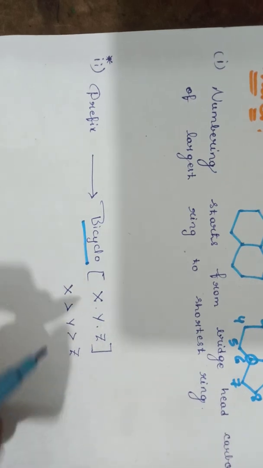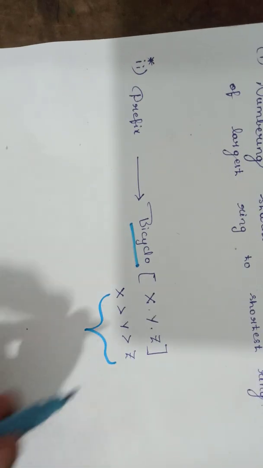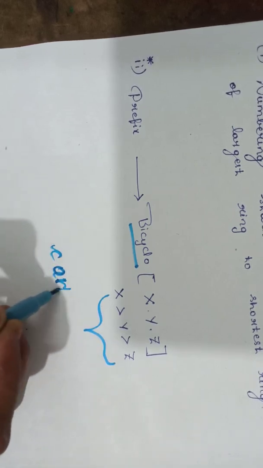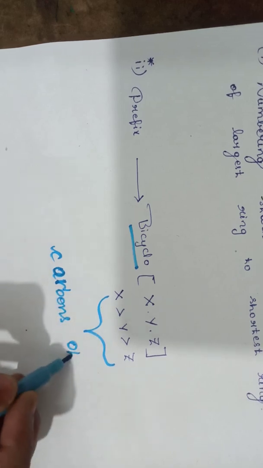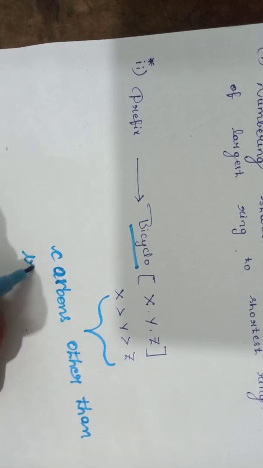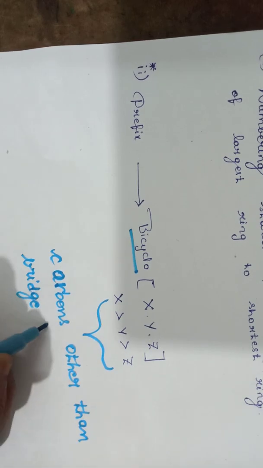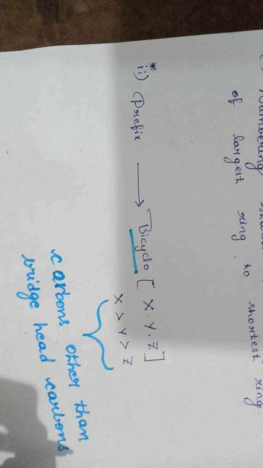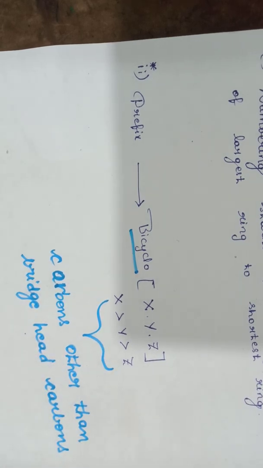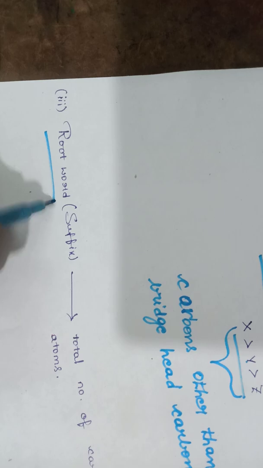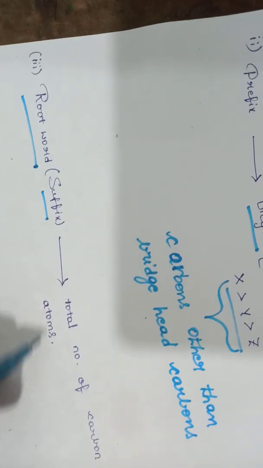We have to know what X, Y, Z are. They are nothing but the carbons other than the bridgehead carbons, that means the leftover carbons, and they must be in the order of X, Y and Z. Next, the root word, which comes as a suffix, must be the total number of carbon atoms.